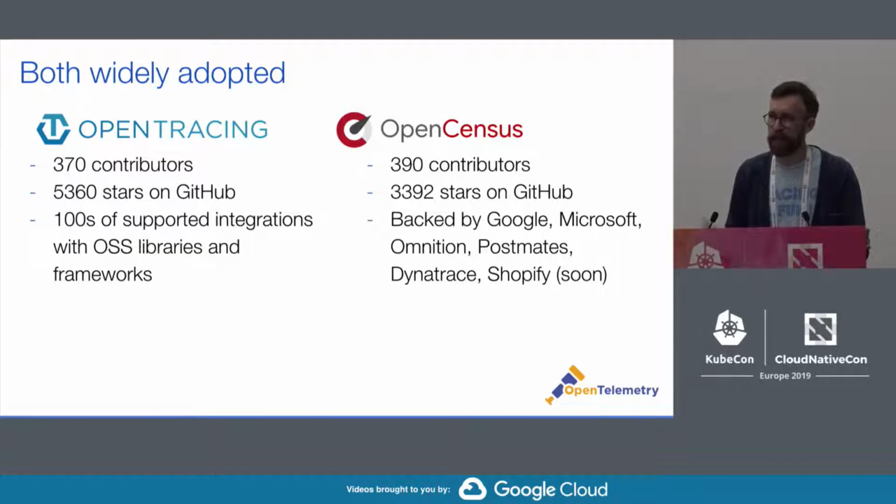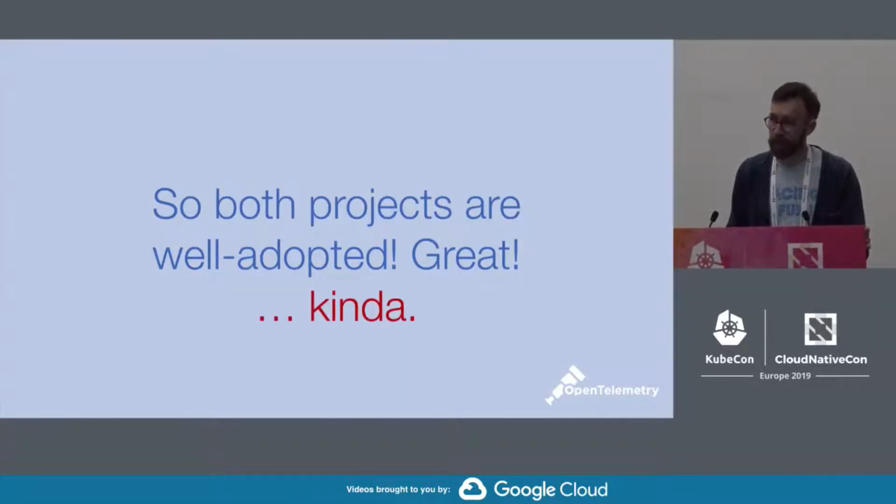This is kind of good. You like to see things that are widely adopted, but also not so good in that we were unable to kill either project. We could stop developing OpenTracing or OpenCensus, and the projects have enough velocity at this point that they would continue to exist. And so it's necessary for us to formally merge these two projects in order to have a way for them to develop into this third project.